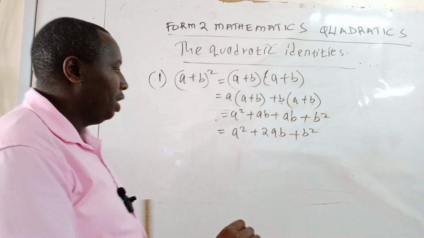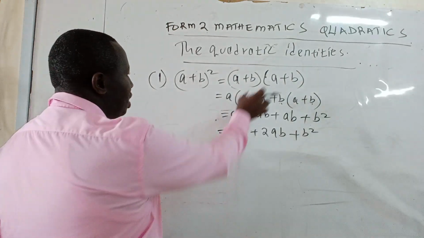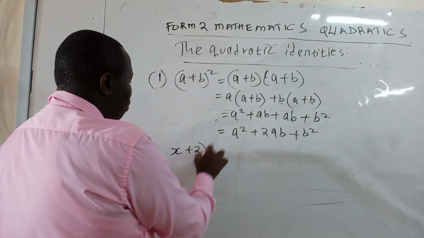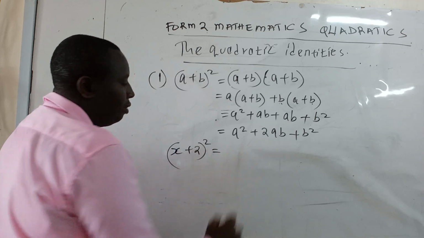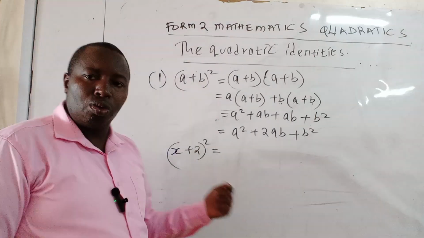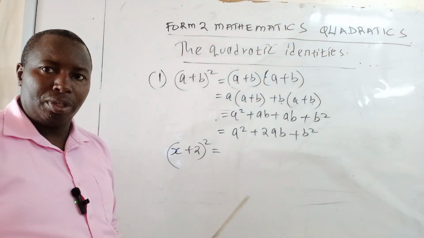Let's do an example using the quadratic identities instead of expanding. Let's take, for example, (x + 2) squared, if a student doesn't want to use the other method of expansion.